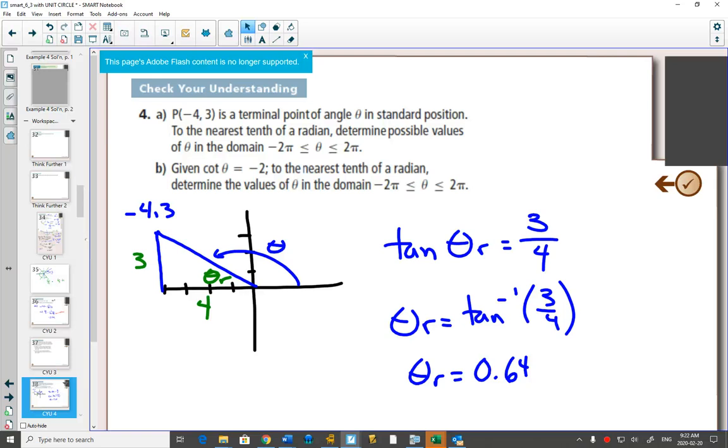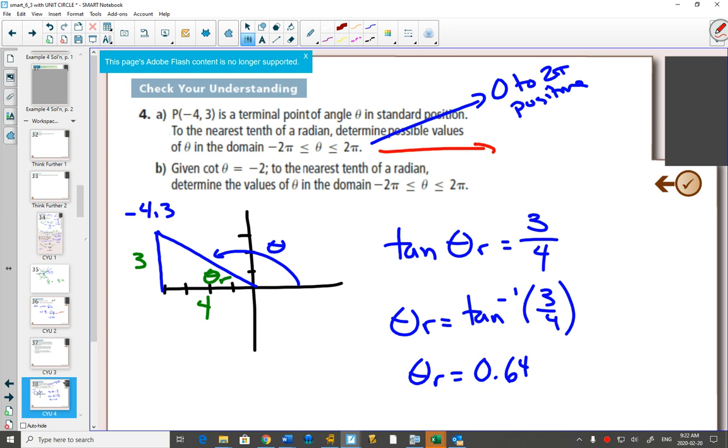Now, with -2π to 2π, you've got positive angles from 0 to 2π and negative angles from 0 to -2π.